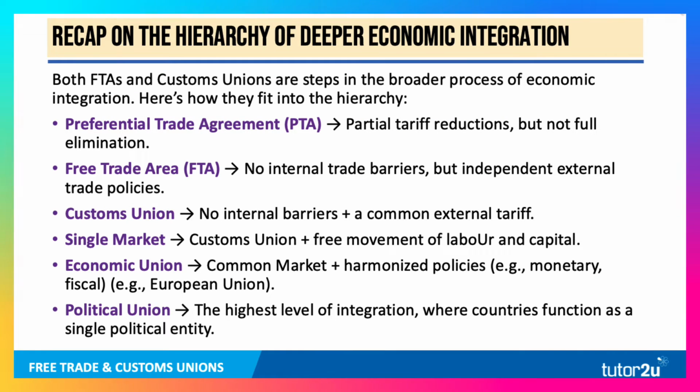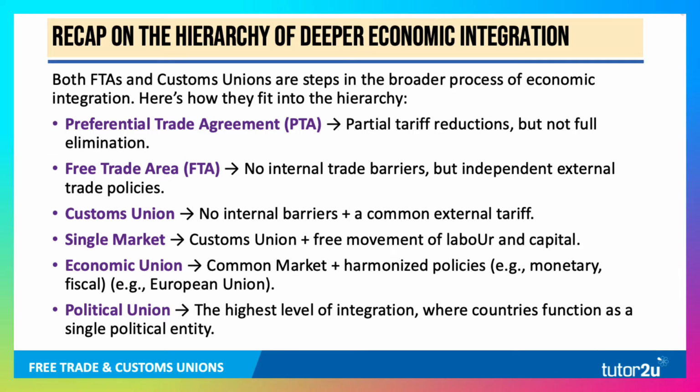Now, quick recap. Both a free trade area and a customs union are steps in the process of economic integration, sometimes called a hierarchy. Let's just quickly go through it. A PTA, preferential trade agreements, have partial tariff reductions, but not full elimination. Free trade area, next step, no internal trade barriers, but independent external trade policies. Customs union, the EU, no internal barriers, but a common external tariff.